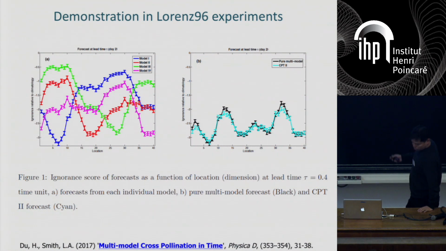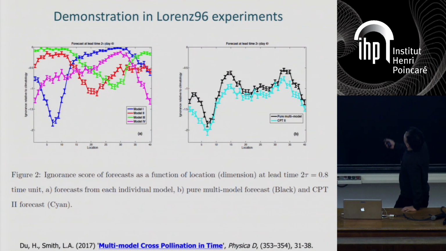If we go forward, this is the second cross-pollination window. Again, we plotted the forecast skill for each of the individual models, and we see that models 1, 2, 3, and 4 are good in each of their quarters. This time, we do see that CP2 does much better than the pure multi-models.